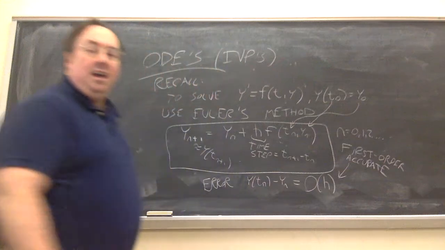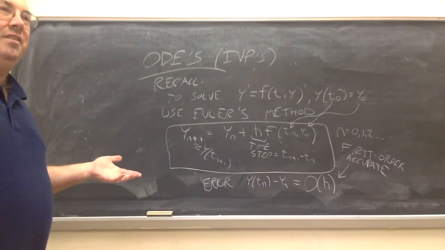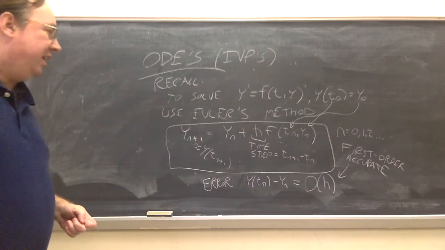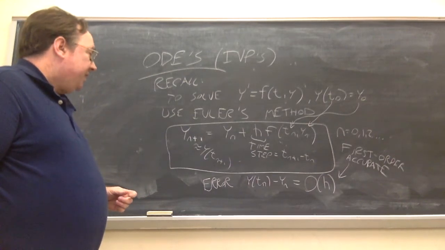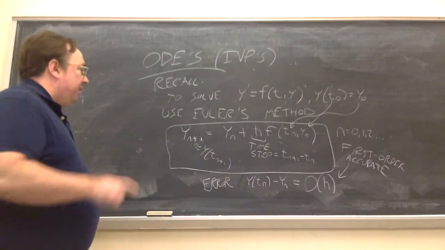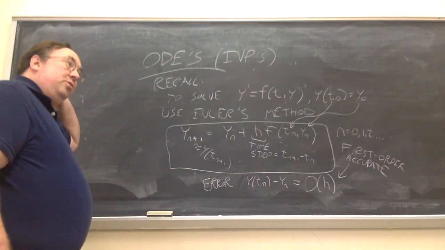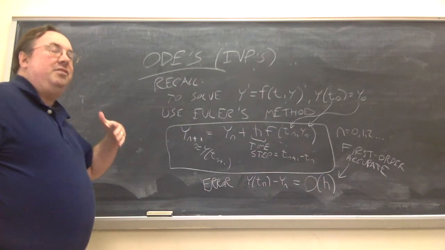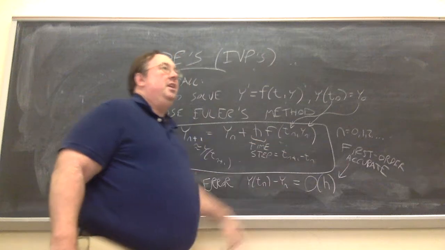Okay. And we want to do better. That's what today is about. So I'll show one approach to getting higher order accurate methods. The way I derived Euler's method last time was to use Taylor expansion, but I only took it out to use up to the first derivative term.